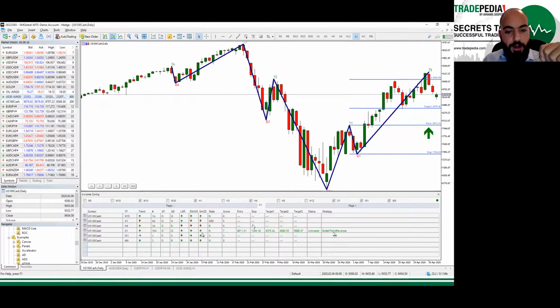Now, if you ask me, what are all these arrows here and what is the score? Remember when I told you about the trend evaluation and the signal evaluation, that not every signal we see here has the same probability of success or the same strength? Well, this is the study that is made using the quality of the tops and the quality of the bottoms. So here in this uptrend now on the daily chart, the indicator is telling me that the quality of the tops is good, the quality of the bottoms is good.